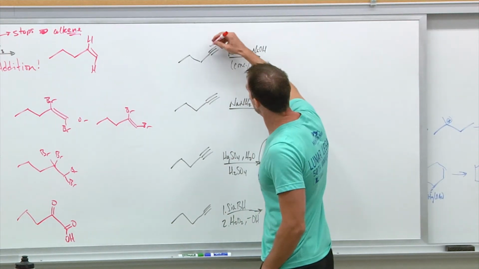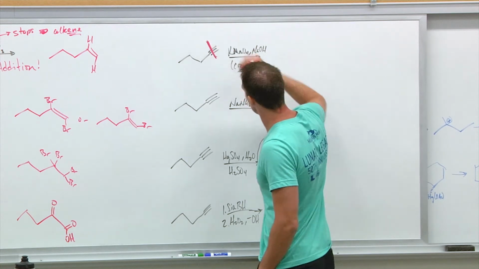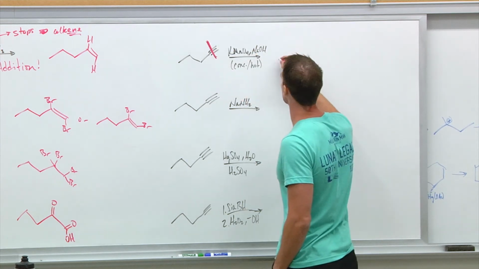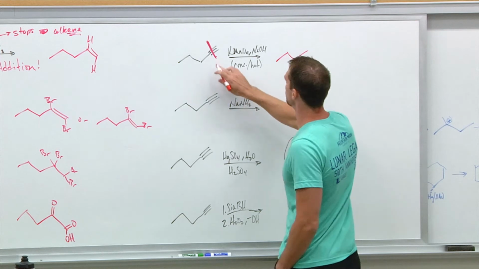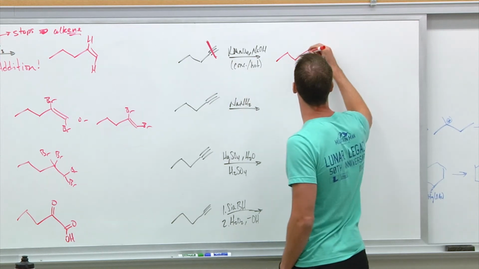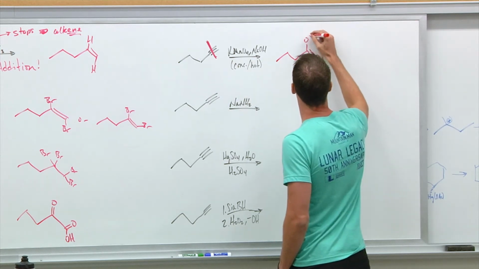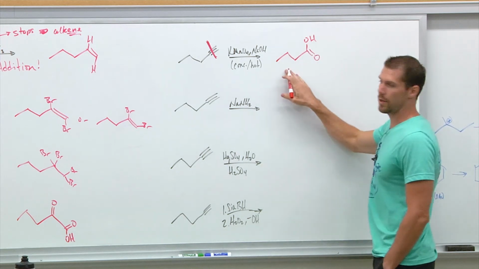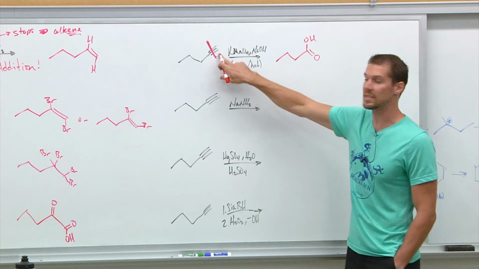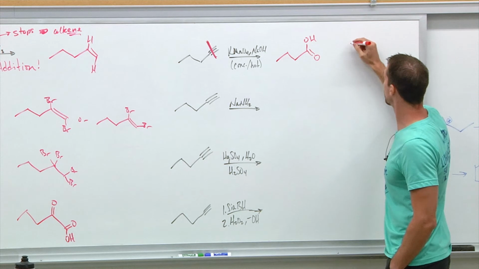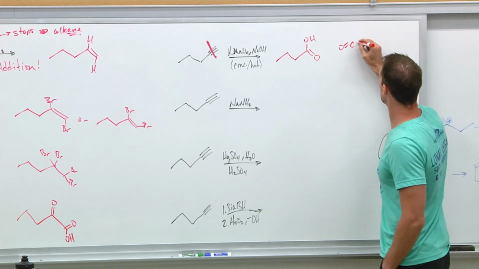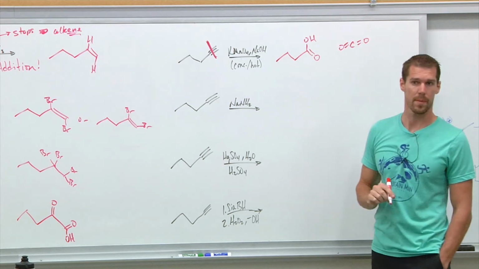This again results in cleavage. 1, 2, 3. So here you're going to get carboxylic acid, and because this is terminal, we'll get CO2.